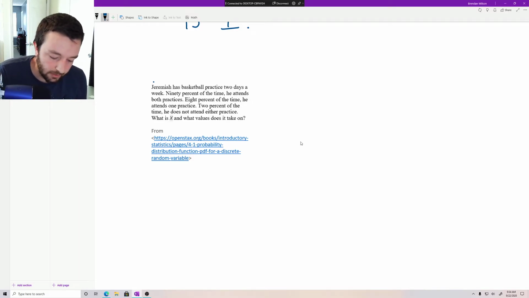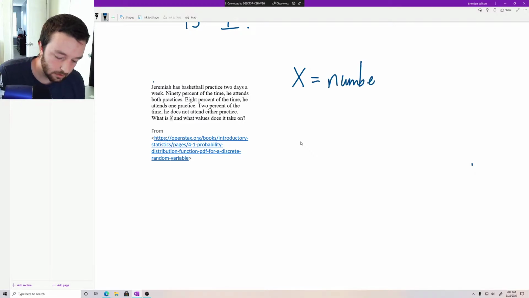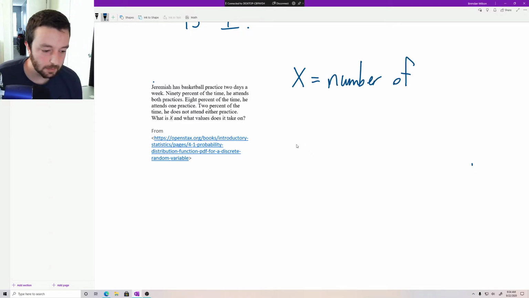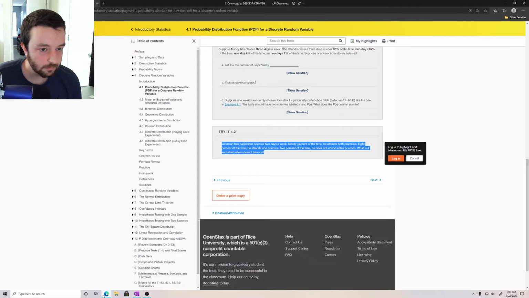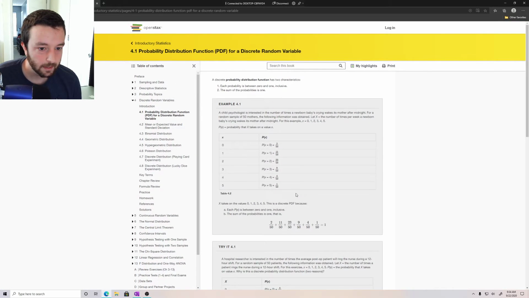So X is our random variable. That's going to be the thing that we want to know the outcome of. Just like with the baby example, where X was the number of times per week a newborn baby's crying wakes its mother after midnight.